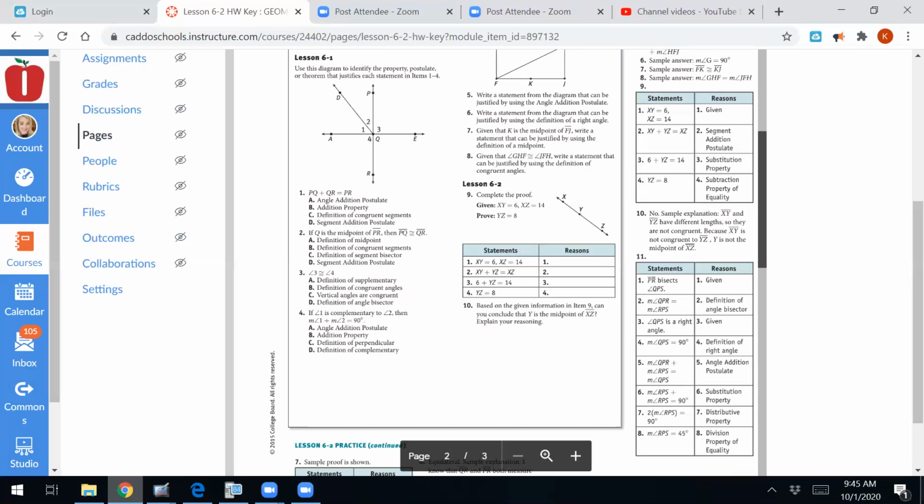All right, so now we are starting a new lesson today. We are going to be on page 73. Page 73, it's all about parallel and perpendicular lines. This lesson is specifically about parallel lines, okay? All right, so 73, let's go there.